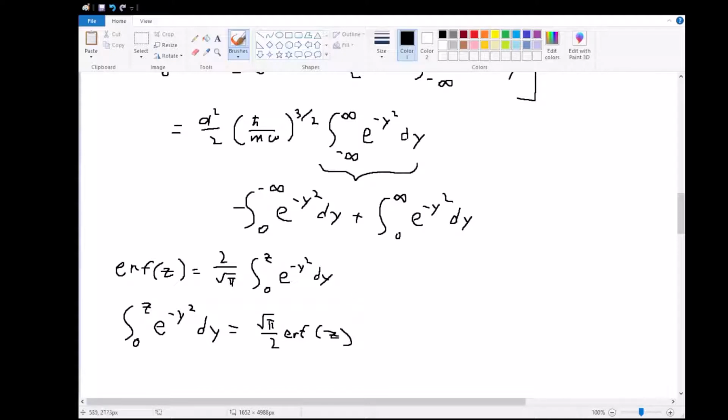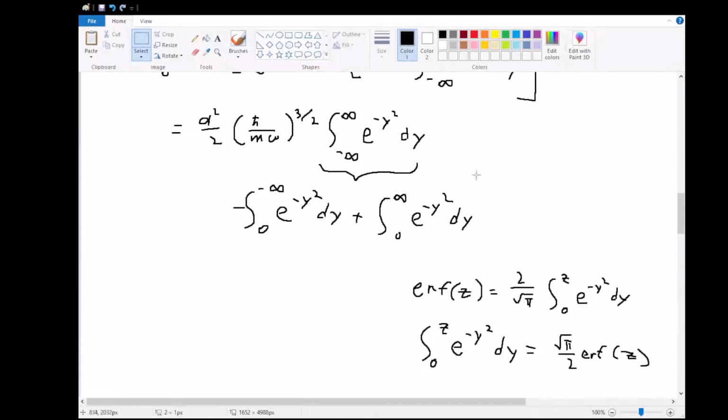So this allows us to rewrite these two expressions as negative root pi over 2 of erf of negative infinity, plus root pi over 2 of erf of positive infinity.